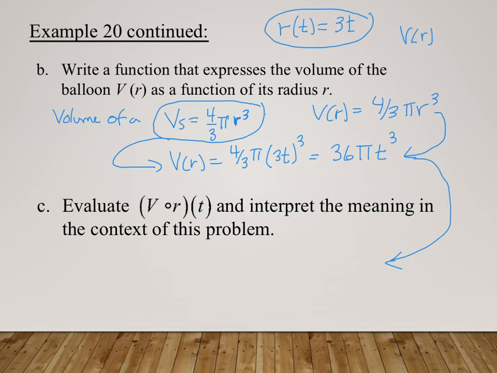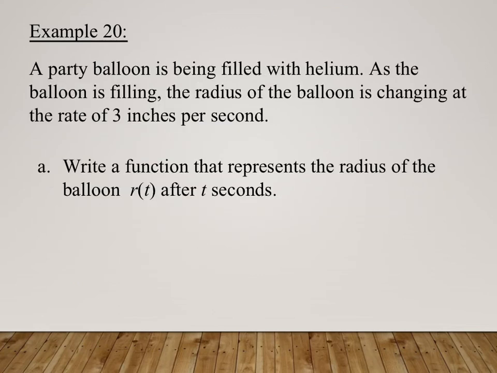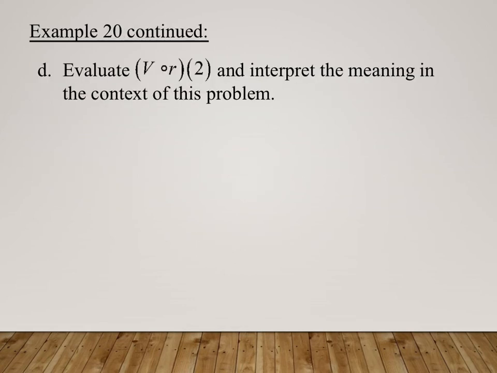So in this case, the composite function v of r of t is just equal to 36 pi t cubed. This was the original problem, and we found out that r of t is just equal to 3t. And now we want to evaluate the composite function at 2 and interpret the meaning for that.